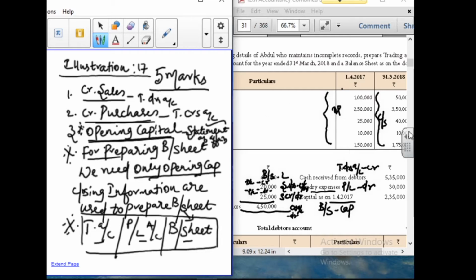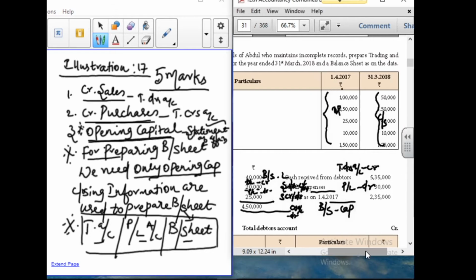Next part I said closing informations are used to prepare the balance sheet. What are those closing informations? These are the closing informations. See here, 1/4/2017 is the opening information. With this, no need to calculate this opening capital because the answer is given, 2,35,000. Just to confuse you, they have given this statement, but the answer is given. But this is only your closing information.